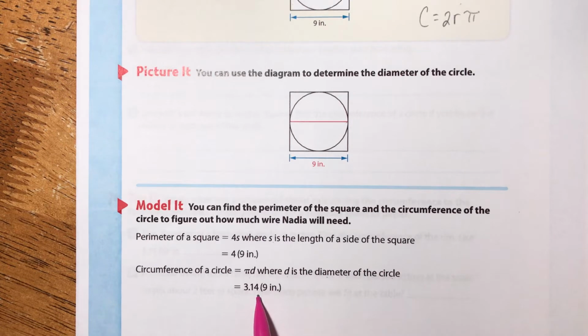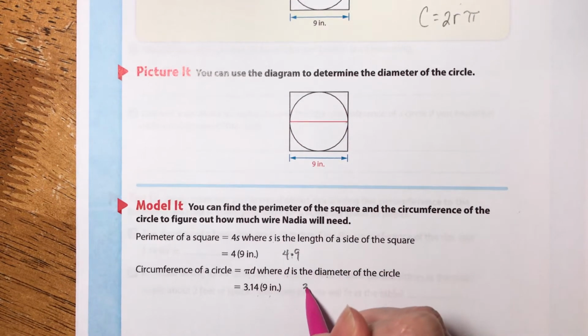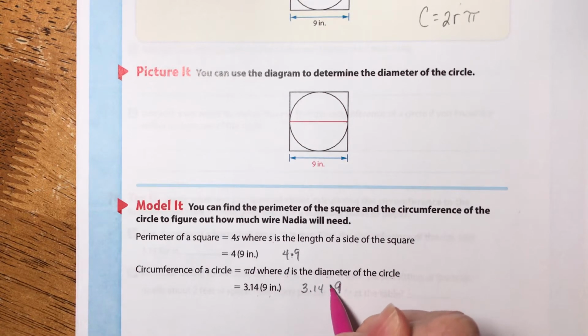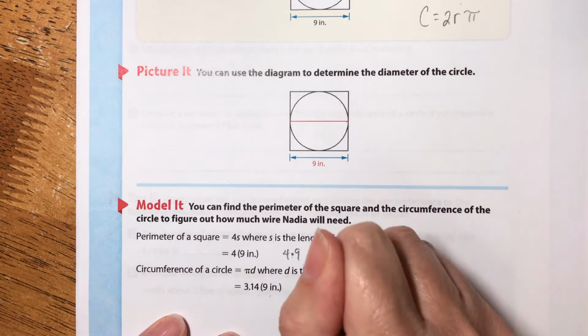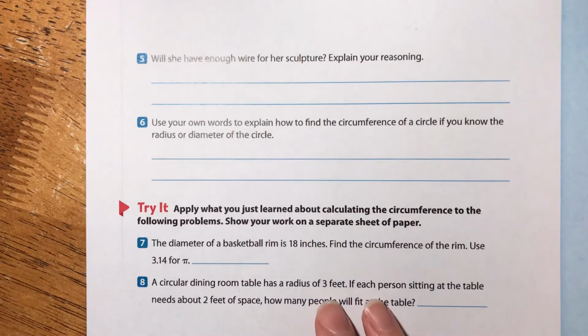So instead of pi, they use 3.14 times 9 inches. Remember, the parentheses here don't mean order of operations, they just mean multiply. They could have used the dot, but let's try not to use the x, as we talked about. Okay, let's move on.